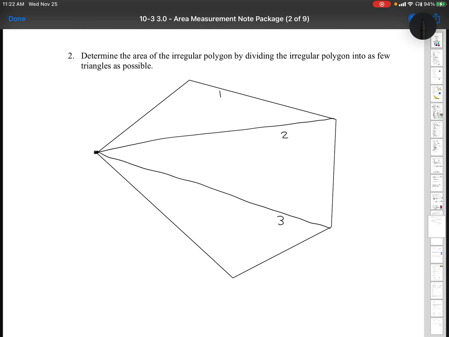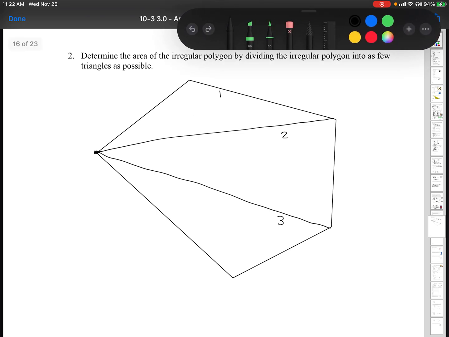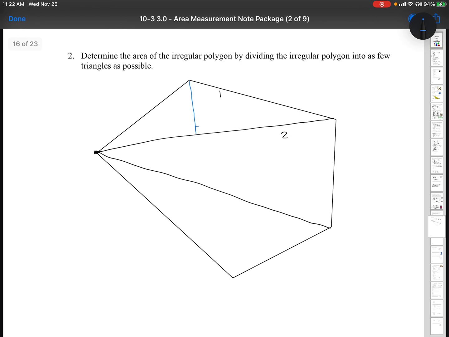So we've got three triangles there, so we can figure out what the bases and the heights are of each of those. The height for triangle 1 would be right here. The height for triangle 2 is right here, and the height for triangle 3 is right there.